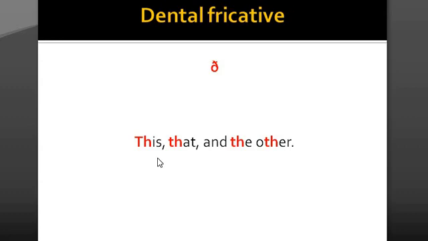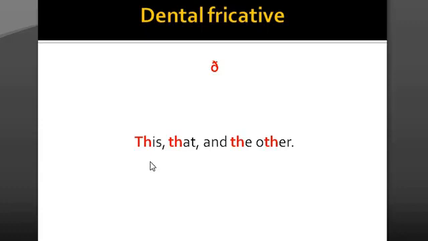Okay, this is another idiom. This, that, and the other means everything. This thing, that thing, the other thing, everything. And something to notice about this sound, we don't have many English words with this sound, but we do use this sound in words that we pronounce very often.